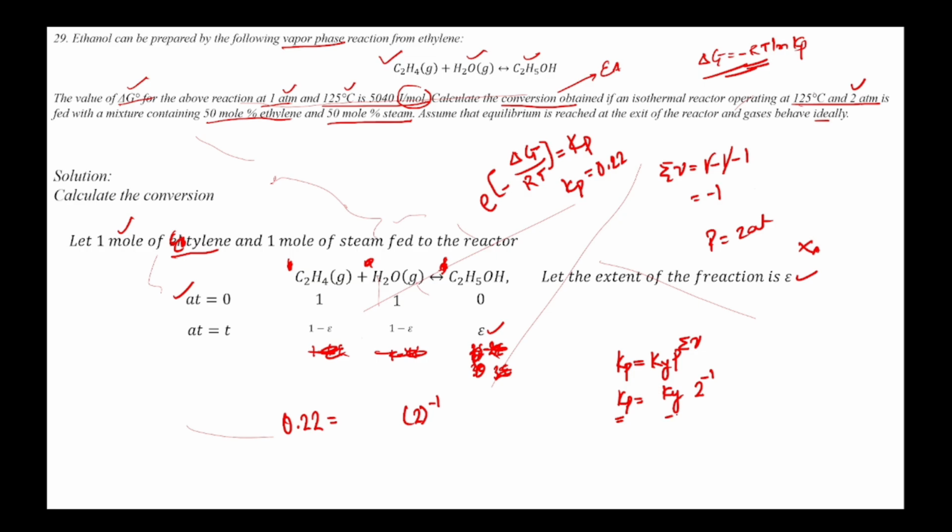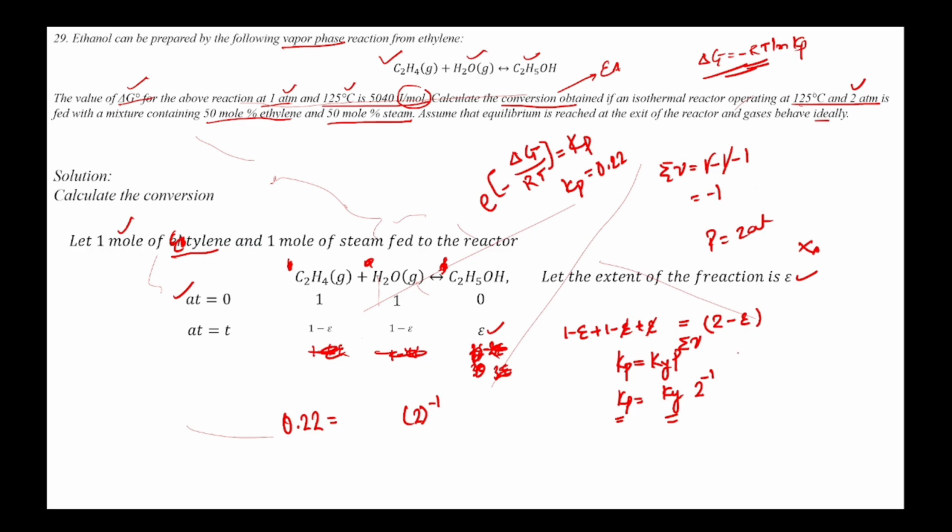Now Ky, what is Ky? So Ky will be, very first thing, total moles at equilibrium. So after completing the reaction, what is the summation of moles? 1 minus E plus 1 minus E plus E is equal to 2 minus E. So that is the final moles after the reaction.